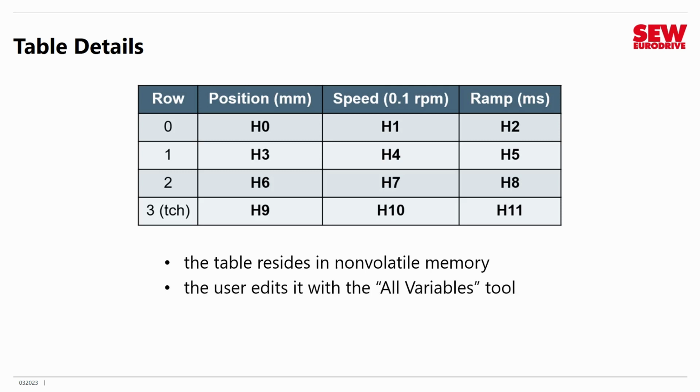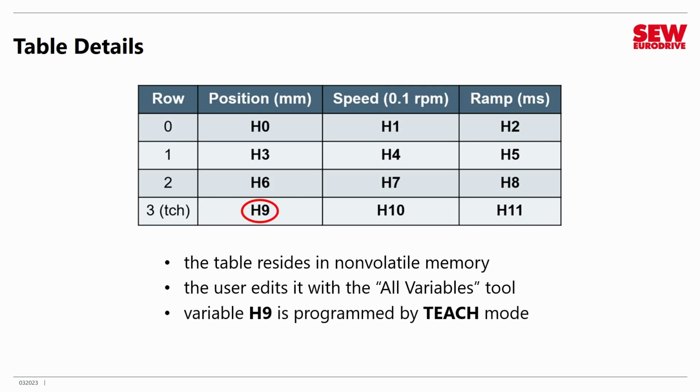Now what that means is the user can edit this table using the All Variables tool, which automatically changes and reflashes non-volatile memory. That's how you set this table up using the All Variables tool. So nobody has to actually go into the code and make changes. They just go in and modify memory, the first 12 locations.